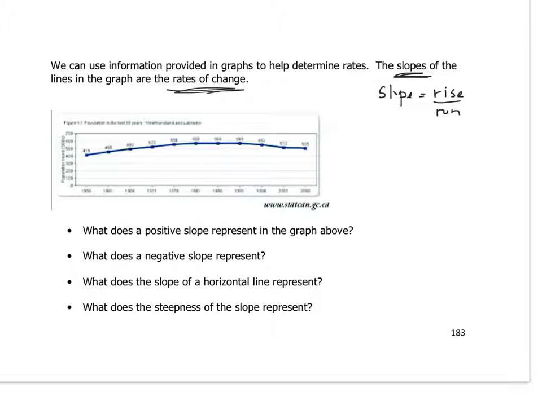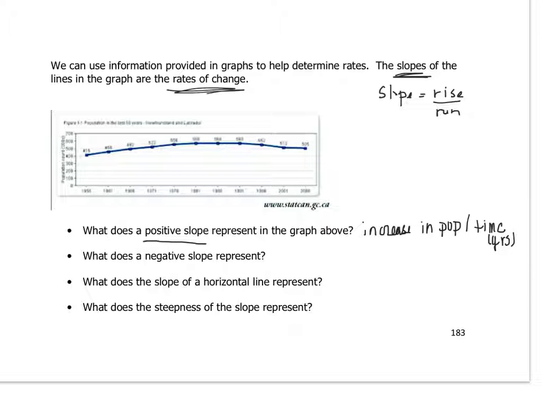A positive slope in this kind of graph is an increase in population over time, which in this case is years.